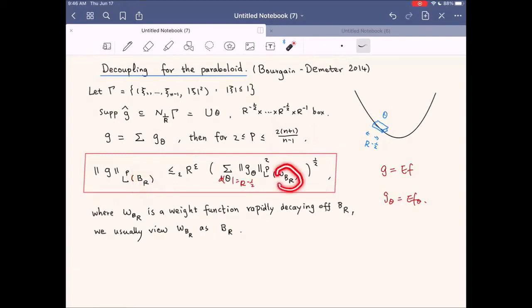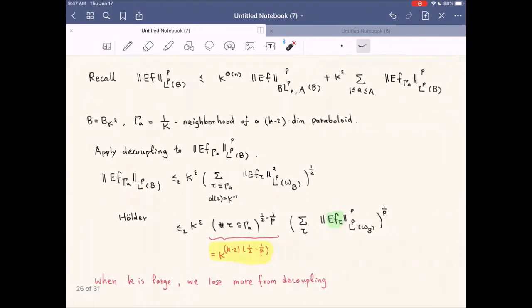And this w_BR is a weight function rapidly decaying off BR. As you might know, there are many applications of decoupling. For example, in restriction theory, one application is how to estimate the narrow part, especially when K is not 2.